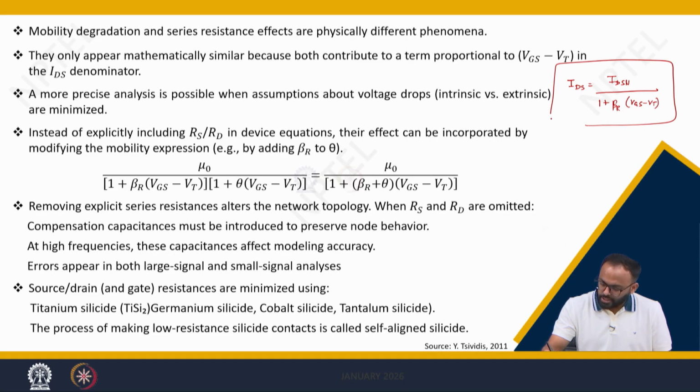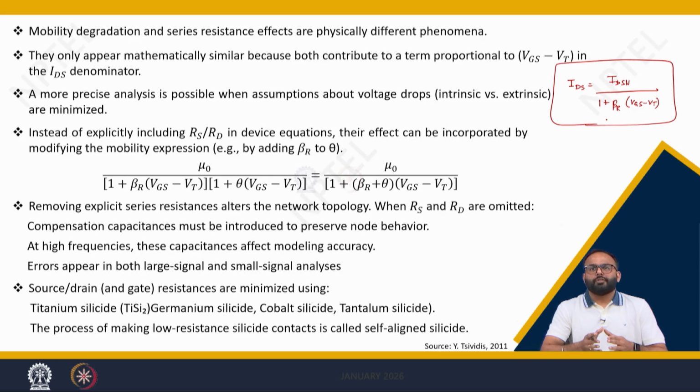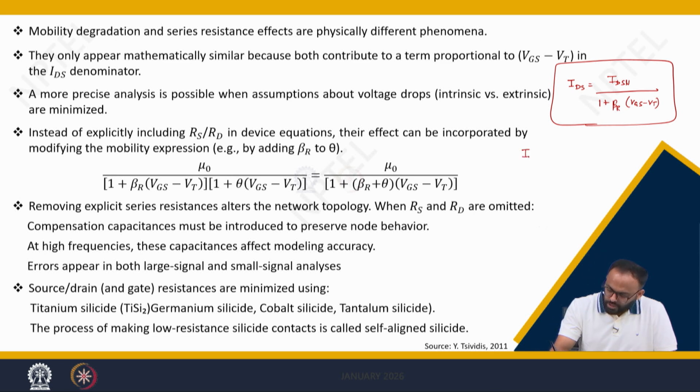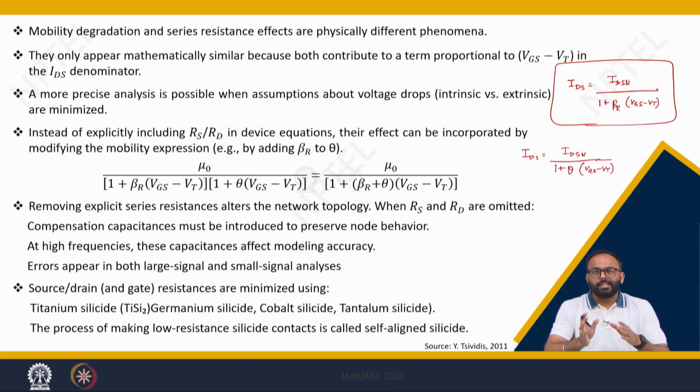If you see closely, this is the same kind of equation that we obtained when we were considering the mobility effect, right. In that condition also the IDS was nothing but IDSN divided by 1 plus theta times VGS minus VT. So it is just a coincidence that the Vgs minus Vt term is coming in the denominator in both equations.